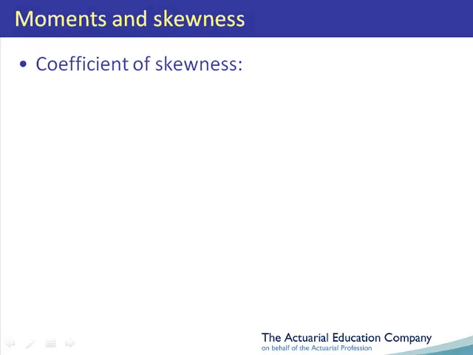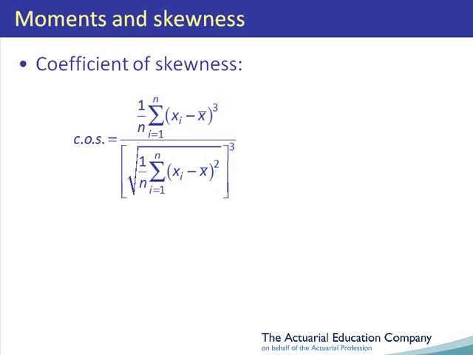Unfortunately, figures for the third central moment can sometimes become rather large and unwieldy. An alternative way to calculate skewness is to use the coefficient of skewness. This is the third order sample moment about the mean divided by the cube of the sample standard deviation. When calculating the sample standard deviation here, we use the n-denominator convention.